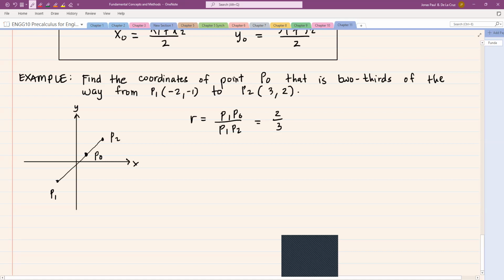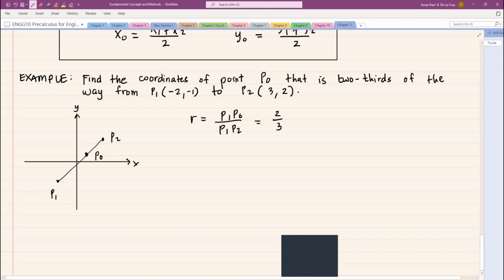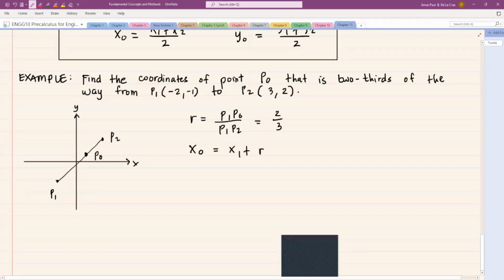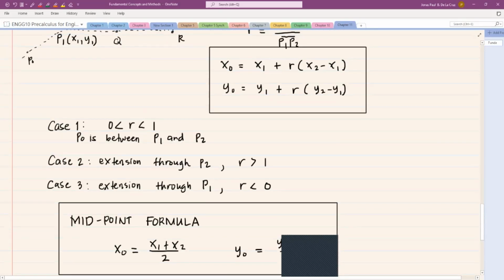So R natin is 2/3. Yung pag-determine lang ng R, yan lang yung medyo komplikado na dito. But if you know R, pwede mo nang isolve yung XO tsaka YO. XO is X1 plus R times the difference between the X coordinates. Di ba? Balik tayo dito.